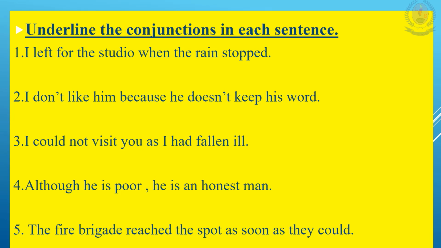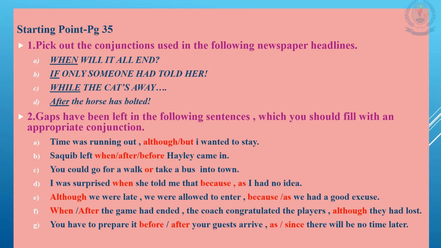Third one, I could not visit you as I had fallen ill. Number 4, although he is poor, he is an honest man. And the last one, the fire brigade reached the spot as soon as they could. Now here you have to underline the conjunctions. Right. I hope you all got a very good idea about the topic conjunctions.